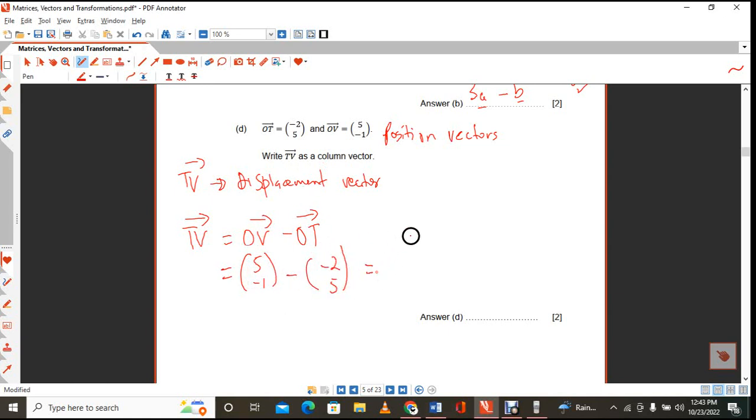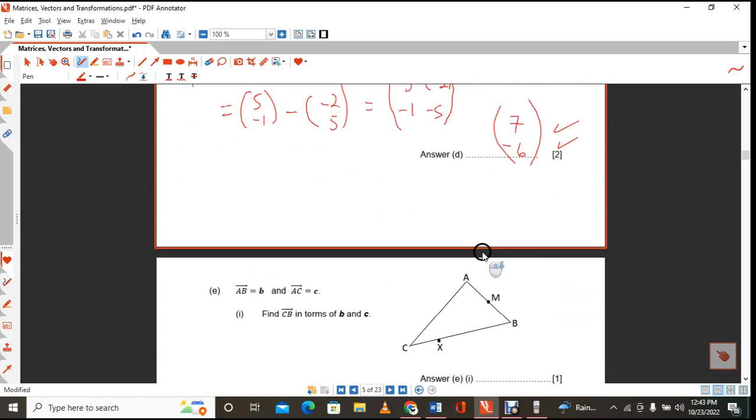So you can just go ahead and subtract each of the elements from each other. So negative 1 minus 5. Okay, and then that will give you, so remember, just close it. That one on top will give you 7, and that one gives you negative 6. So you get a mark for each of the correct elements.